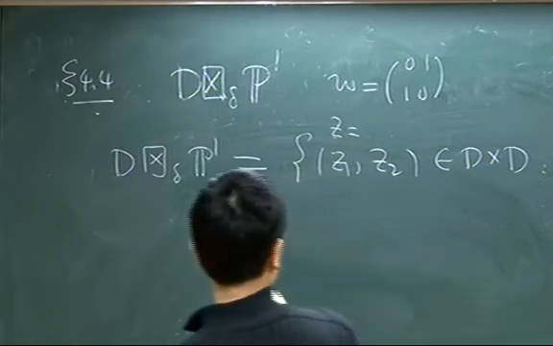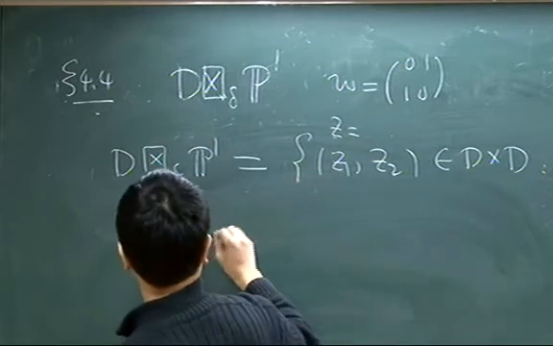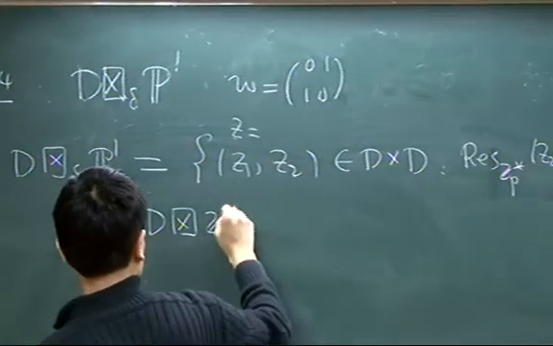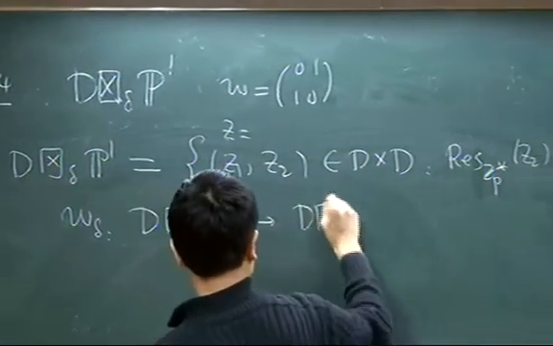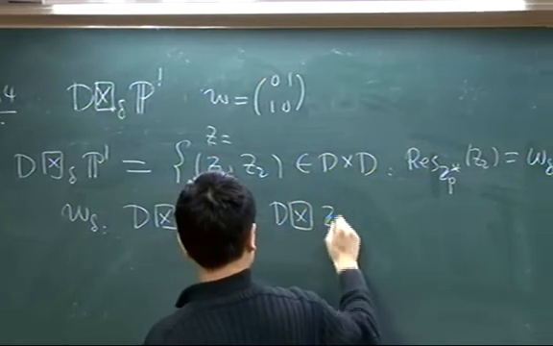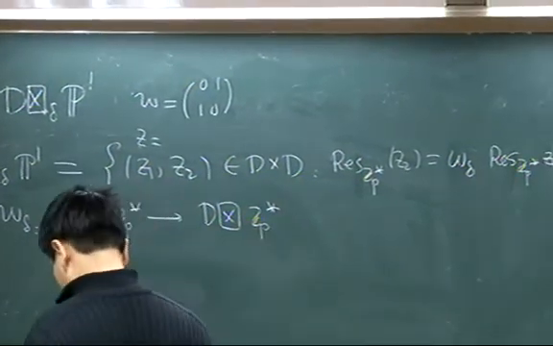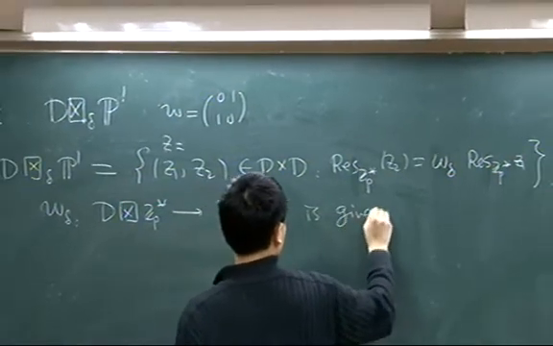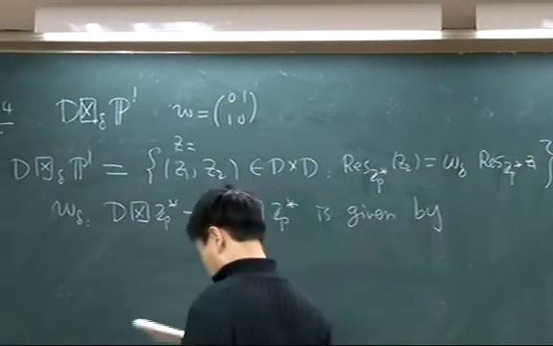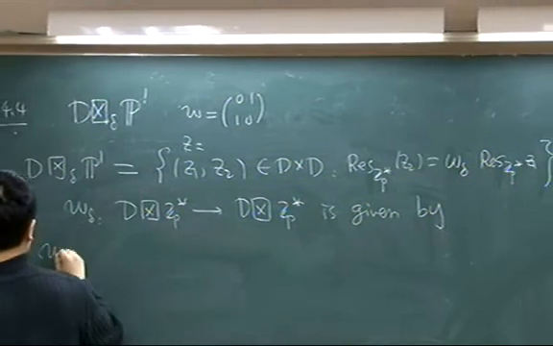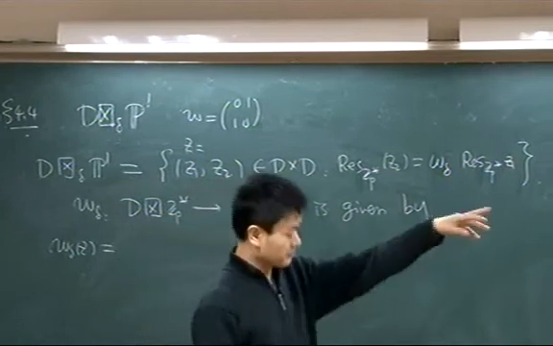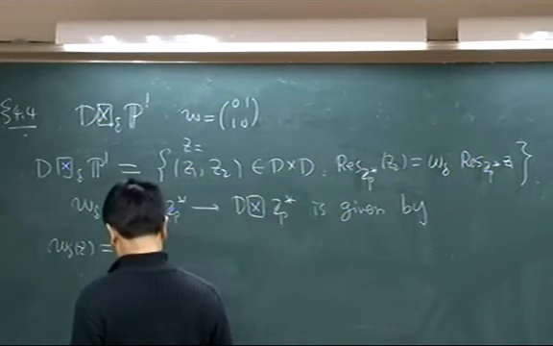So what is this W delta? What we have is given by a very complicated formula. This formula really comes from there, but it's really hard to write.